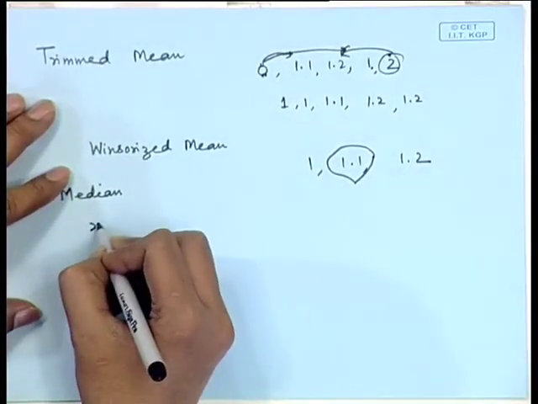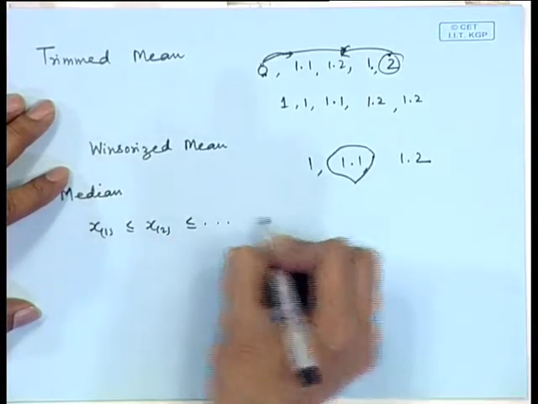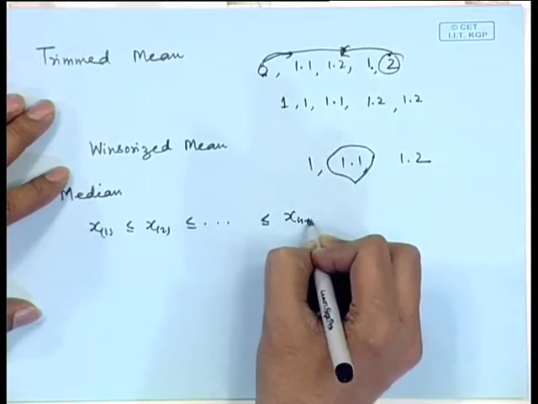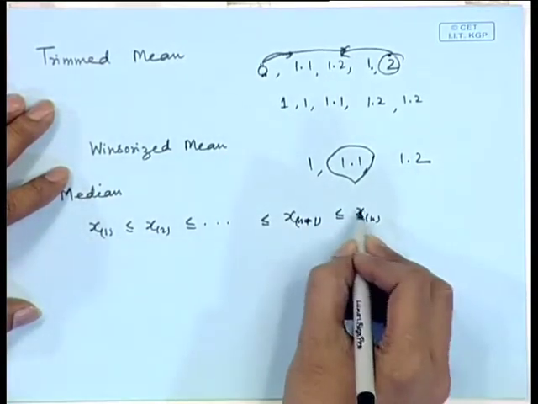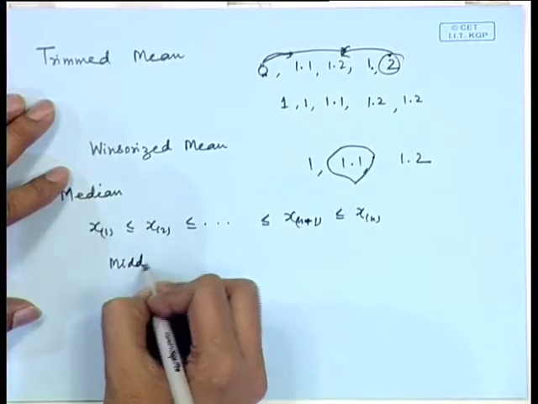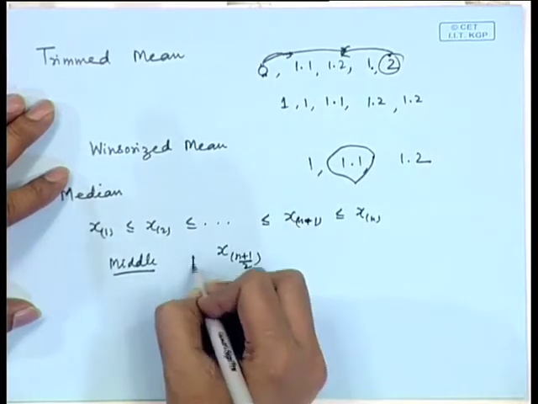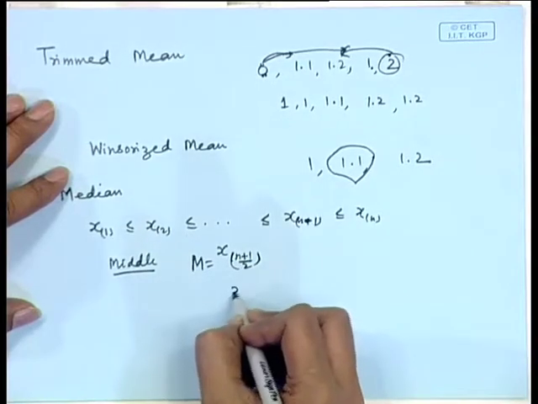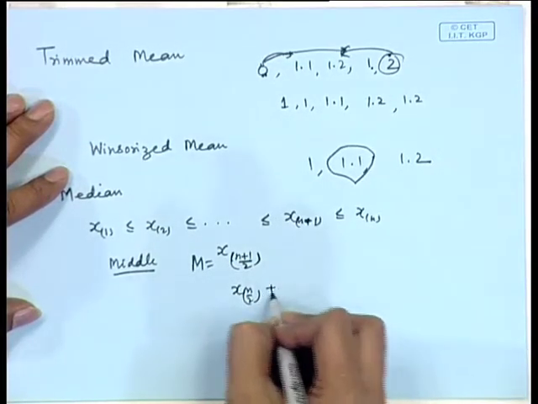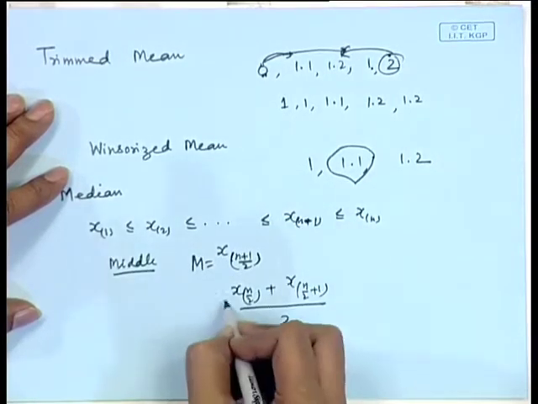So, what we do, we can order the values x 1 less than or equal to x 2 less than or equal to, say, x n minus 1 less than or equal to x n. Any sample of n values, you order them and look at the middle. That means if n is odd, it will be the x (n plus 1) by 2 value, or if n is even, it will be x n by 2 plus x n by 2 plus 1 value divided by 2.